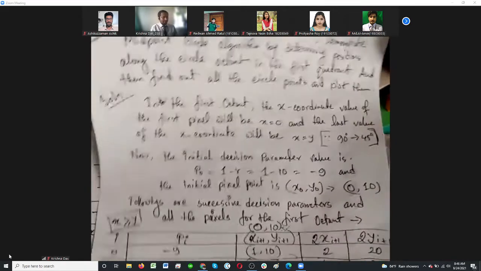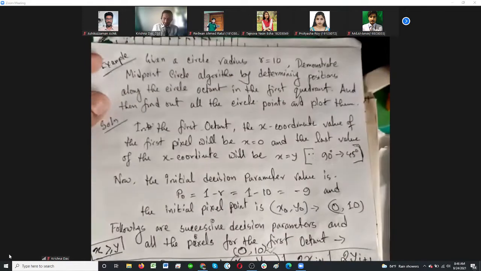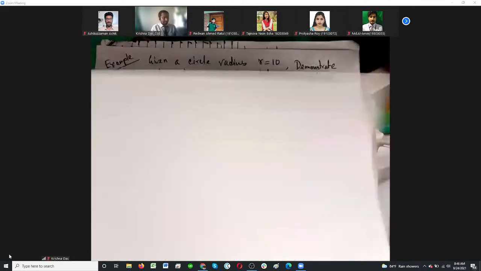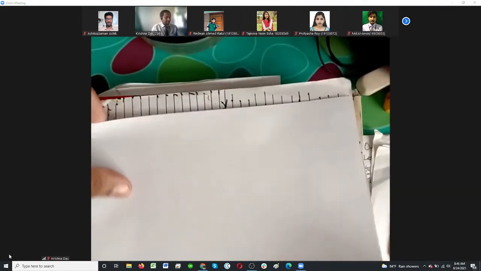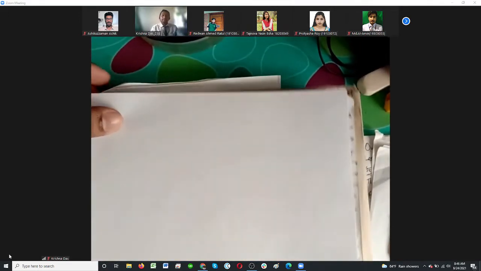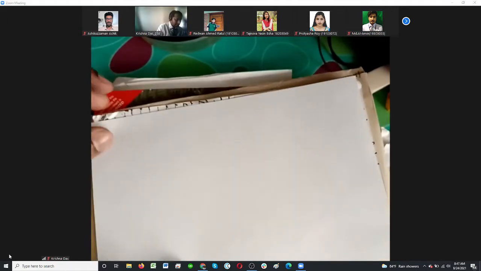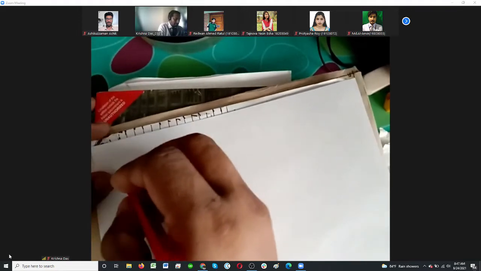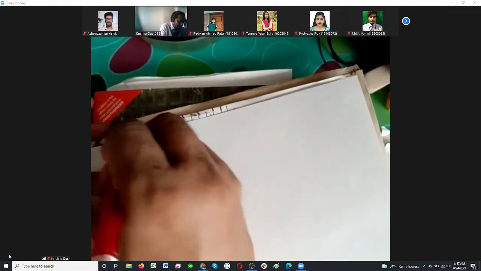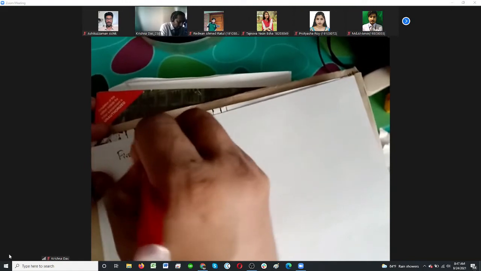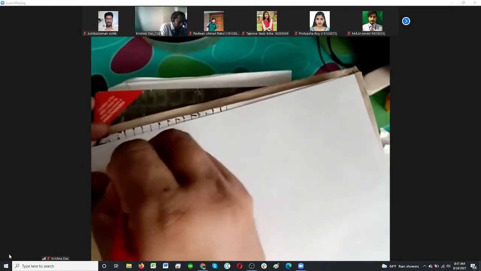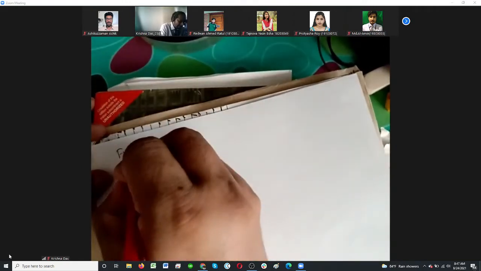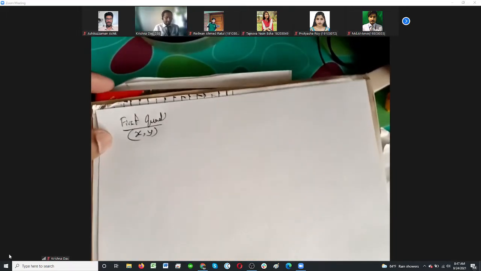For the first octant, if we go to find all the points, the points should be for the first quadrant. So we are writing the first quadrant, where the coordinate value is x and y, right?